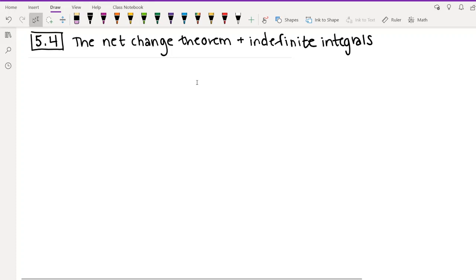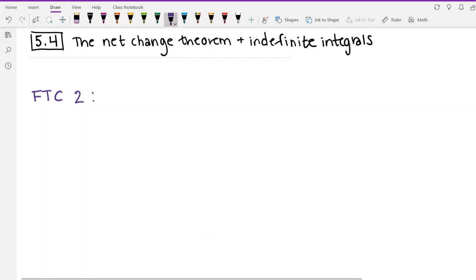Okay, so the net change theorem is basically a statement that allows us to interpret FTC2 in terms of real world situations. So just to remind you, what does FTC2 say? So again, FTC stands for Fundamental Theorem of Calculus. 2 is part 2 because part 1 was that more conceptual statement about taking the derivative of an area function.